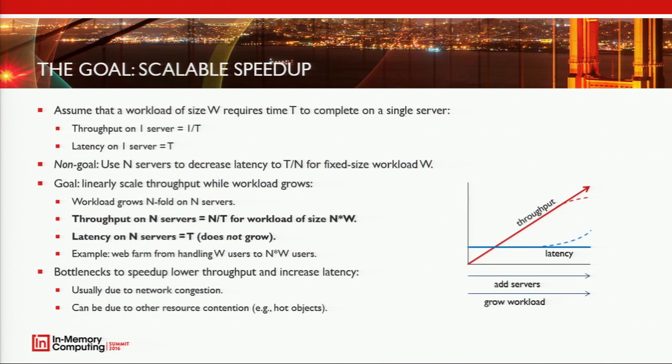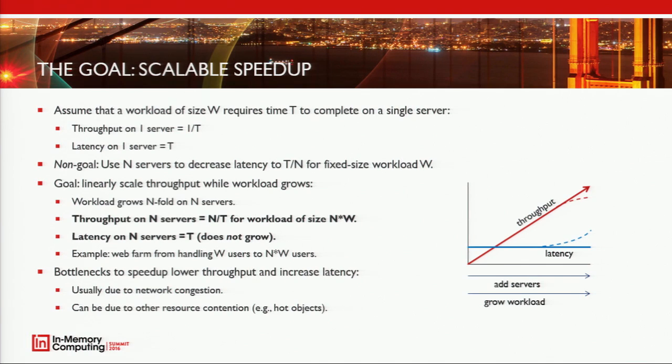For a workload size, let's call it W, this is not what you want to do. If on one server you can do W items in a latency of t, you don't want to try to make it t divided by n by applying n servers. What happened was Cleve was doing matrix multiplication with a fixed size matrix, and he said, okay, it works great on one server, let's do it on 2, and it got slower.